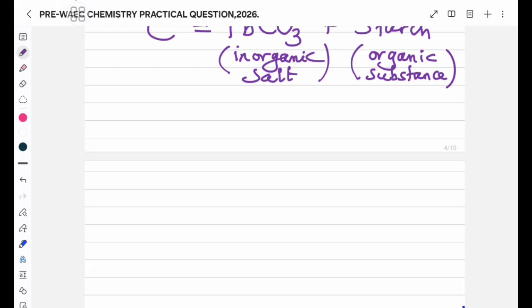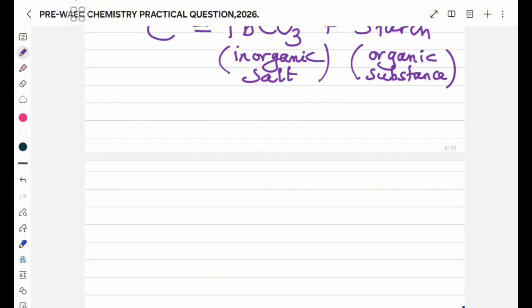The second thing is that the lead carbonate will remain insoluble and will settle on standing for a while. When you allow the mixture to stand in the boiling tube or conical flask without disturbing it, the lead carbonate will settle at the bottom of the container.